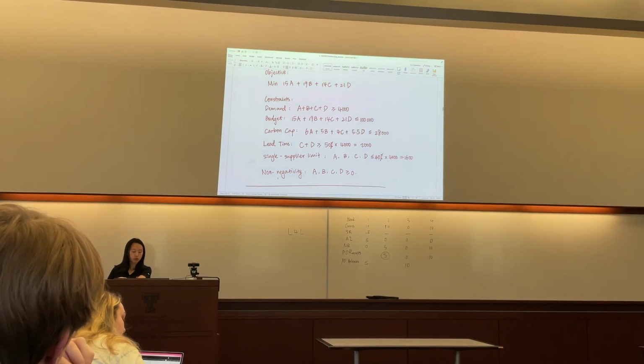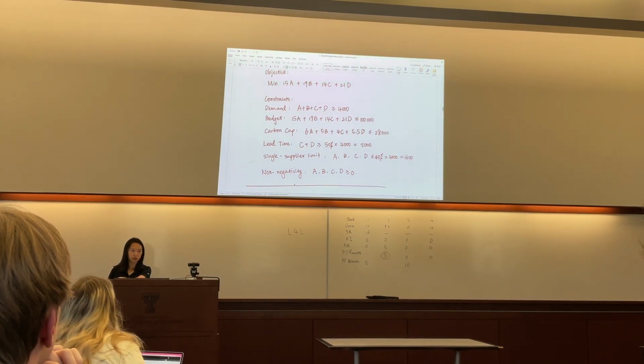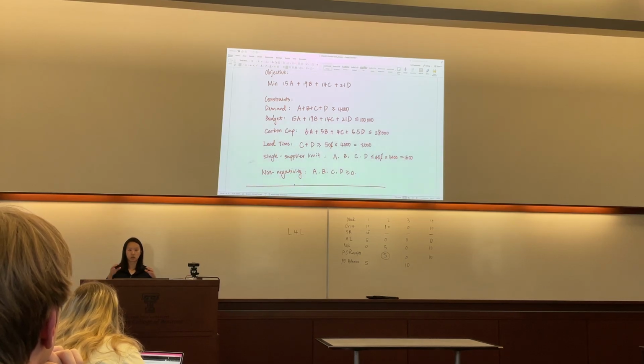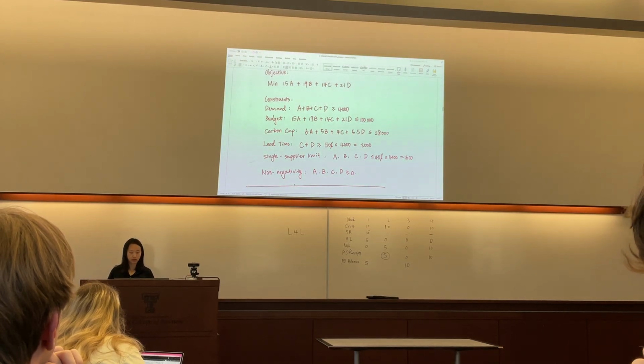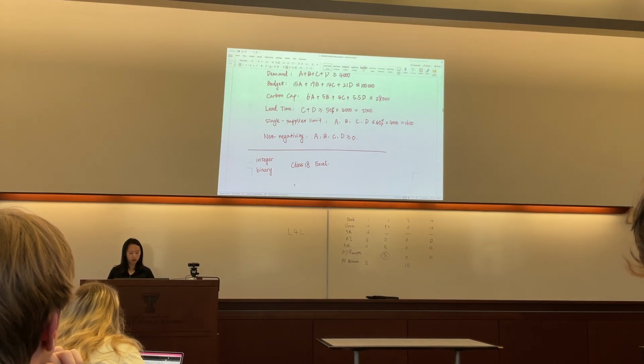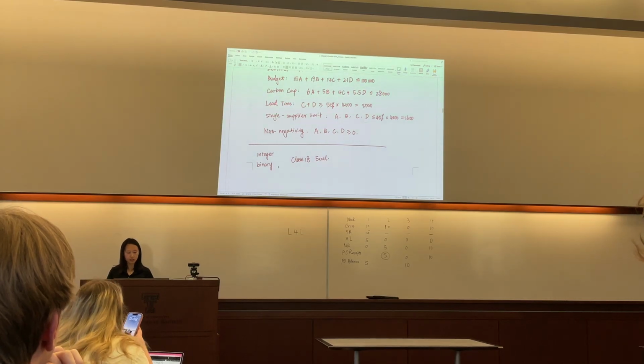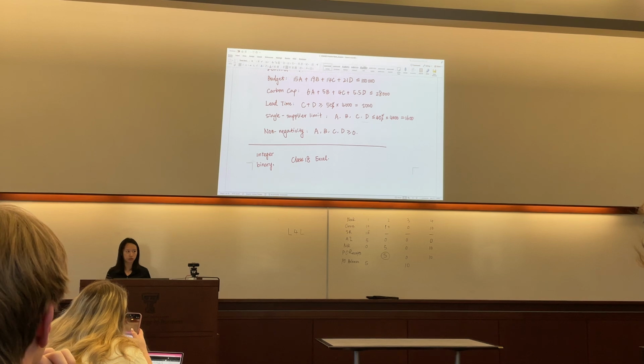And the last one, don't forget about the non-negativity constraint. I will not show you this constraint in the question description, but you should always remember to write down the non-negativity constraint. And also, I will have some description about the integer constraint or binary constraint.